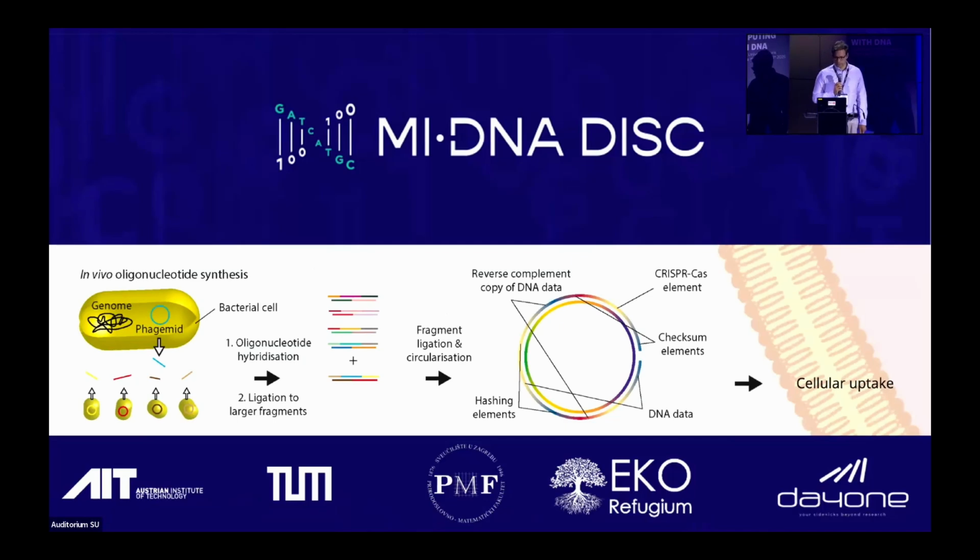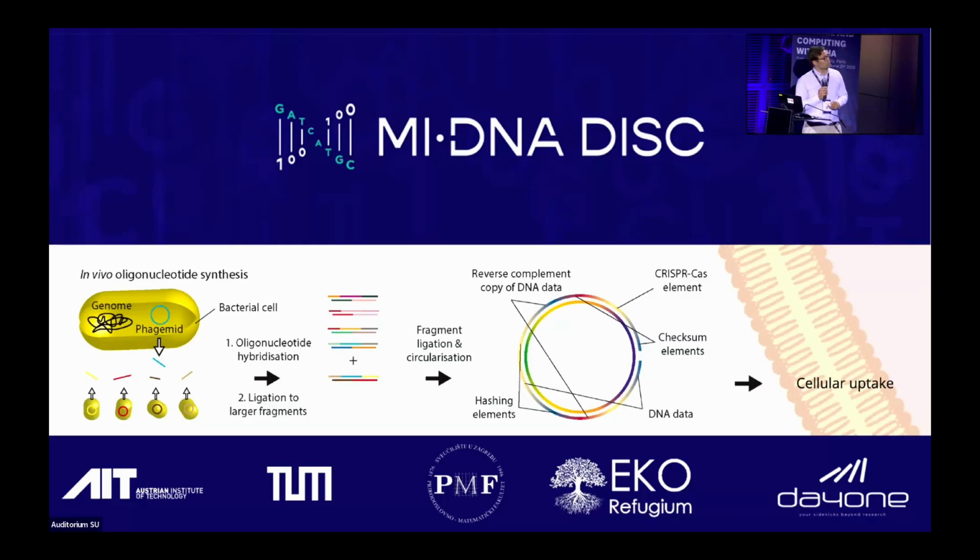My company is one of the lucky ones participating in the DNA challenge, a four-year project on DNA data storage. And our project, to be more specific, deals with developing strategies for in vivo-based data storage.